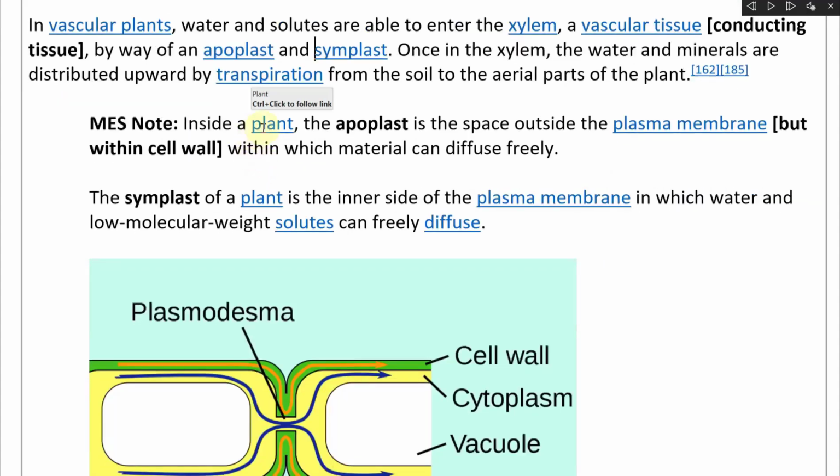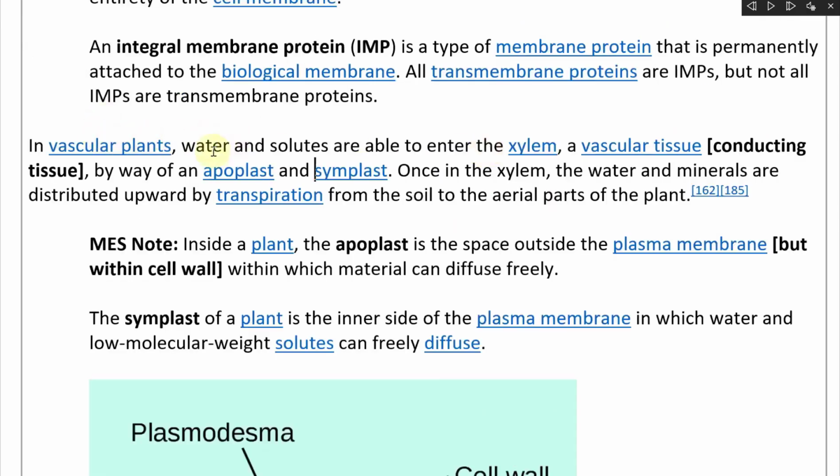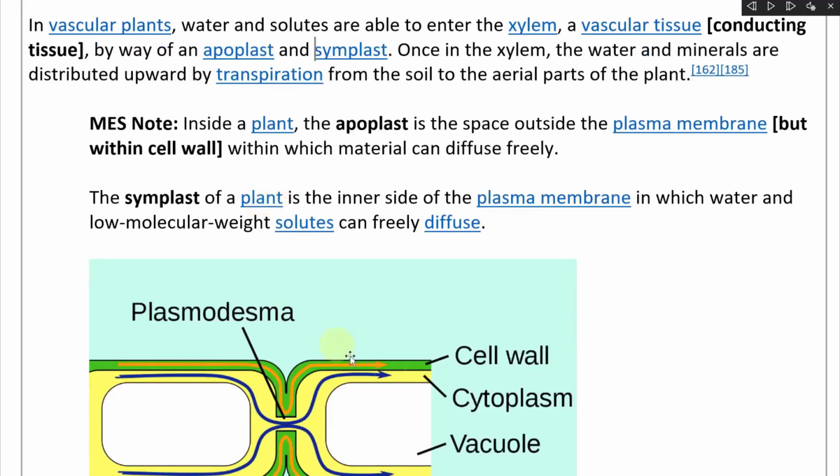Just note, inside a plant, the apoplast is the space outside the plasma membrane but within the cell wall, within which material can diffuse freely. We'll get to this in a bit.